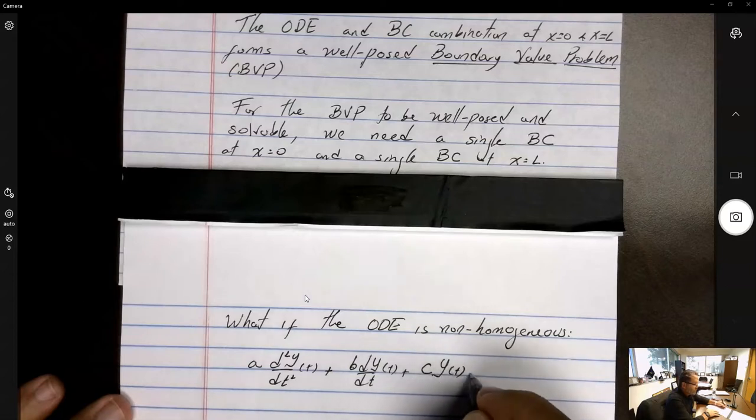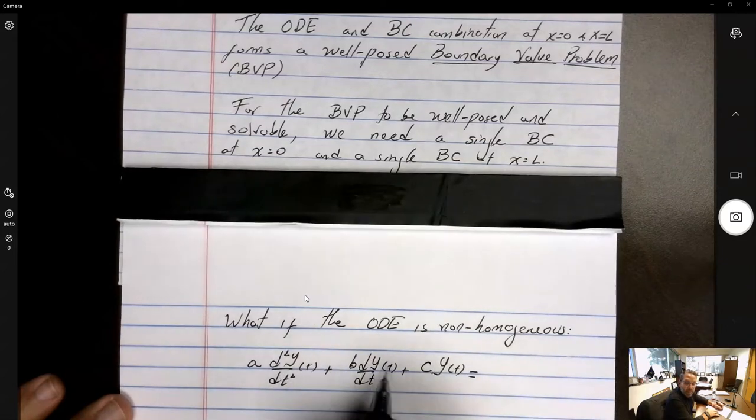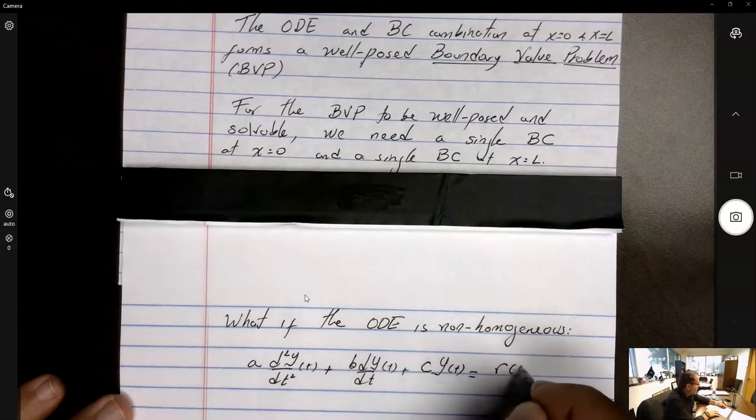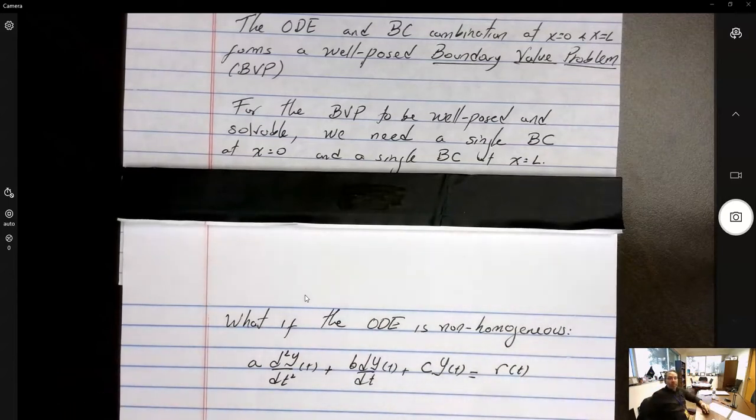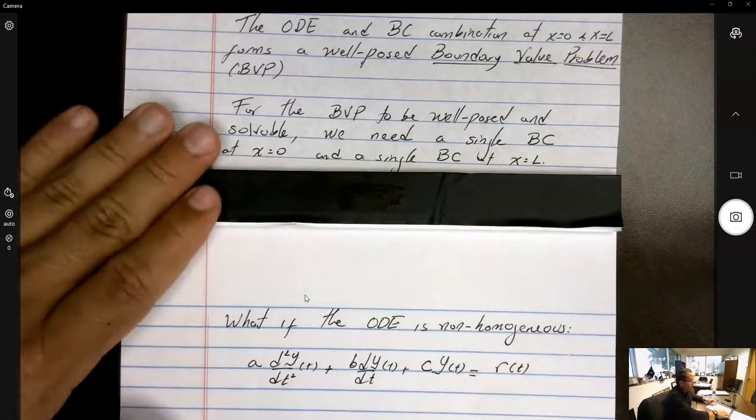So we still have a second order equation that's linear and constant coefficient, but now we have an independent term on the right hand side, R(t). Okay, now this can be a constant, by the way. Anything that's other than 0 will make this equation non-homogeneous.